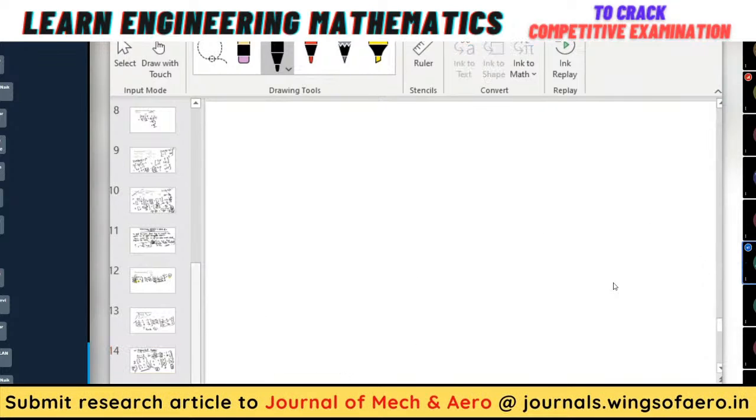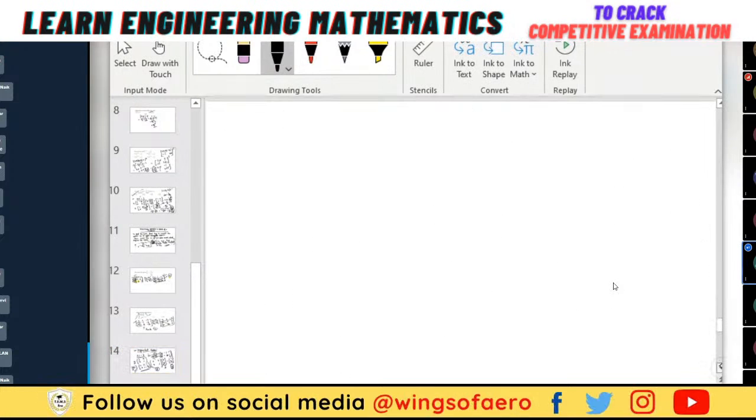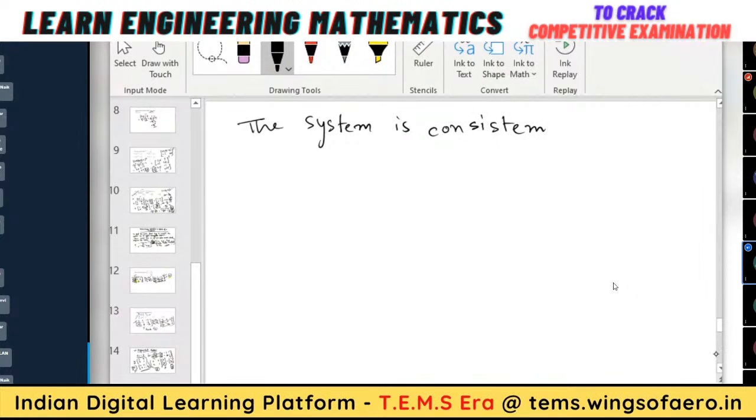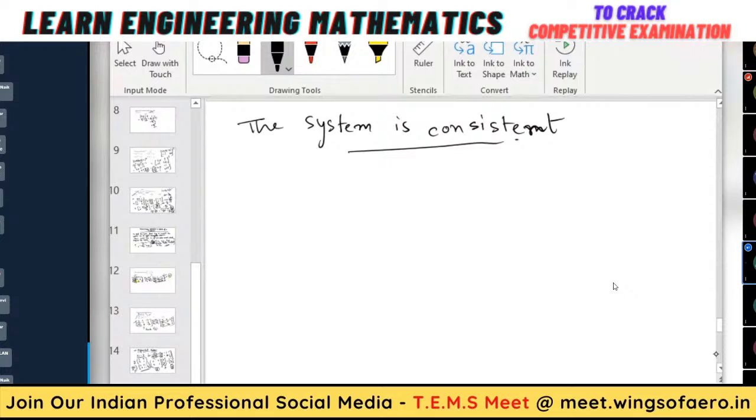Okay, so the property is: the system is consistent. Consistent means it has some solution.